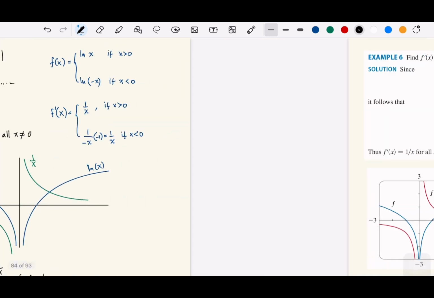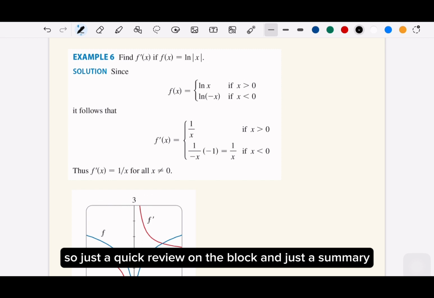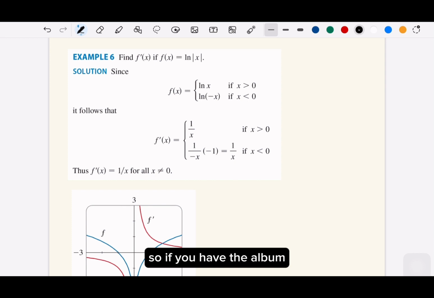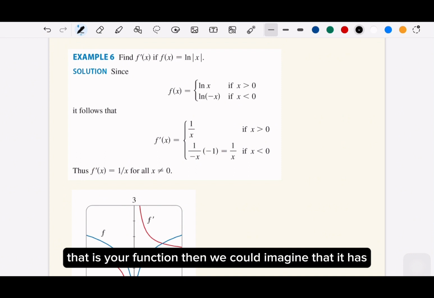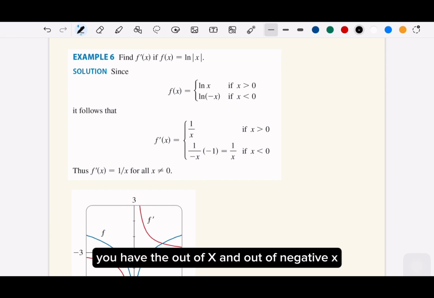So just a quick review on the log and just a summary. If you have the ln with absolute value of x as your function, then we could imagine that it has two different intervals: ln x and ln negative x.